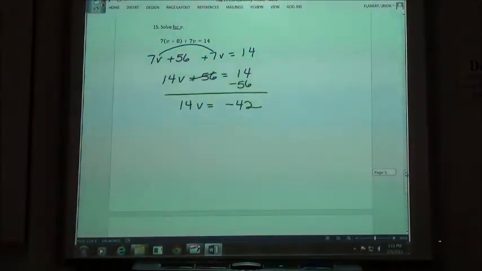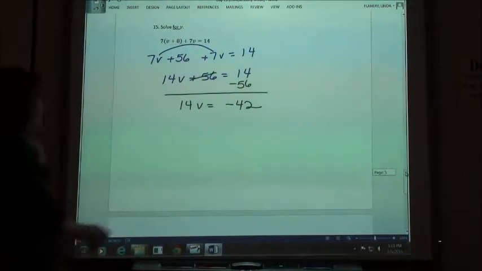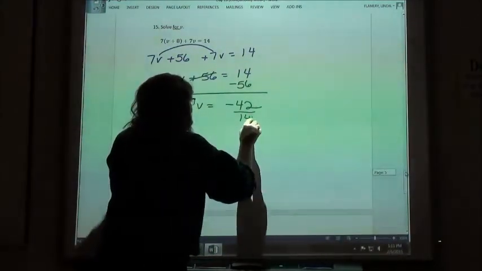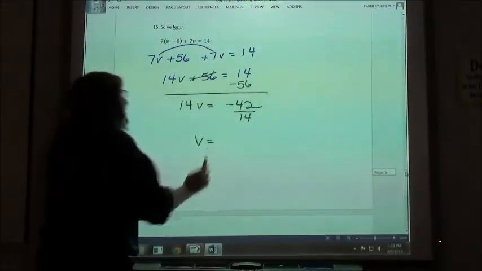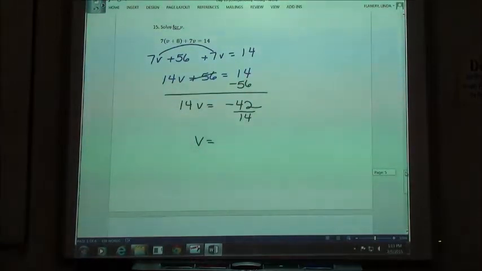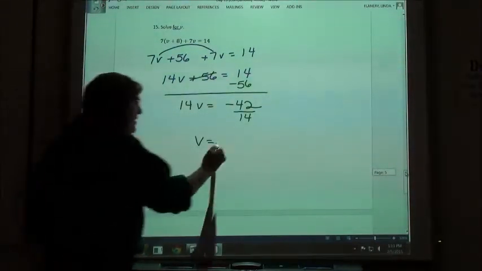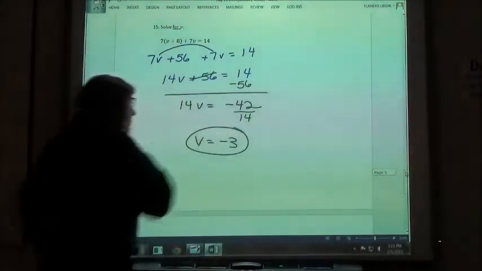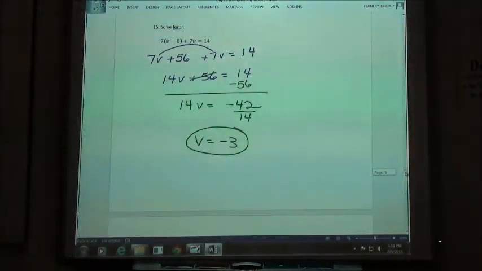And then our last step, take that negative 42 divided by 14. We divide by that 14 and we get negative 3. v equals negative 3.